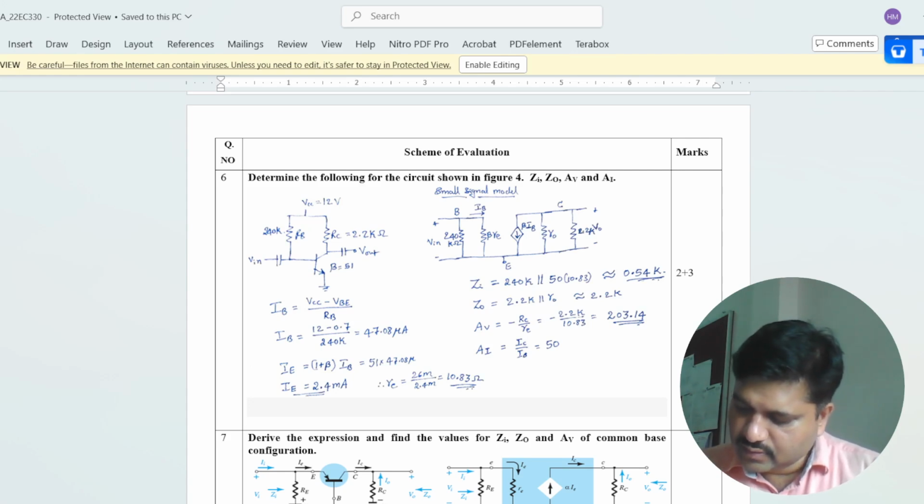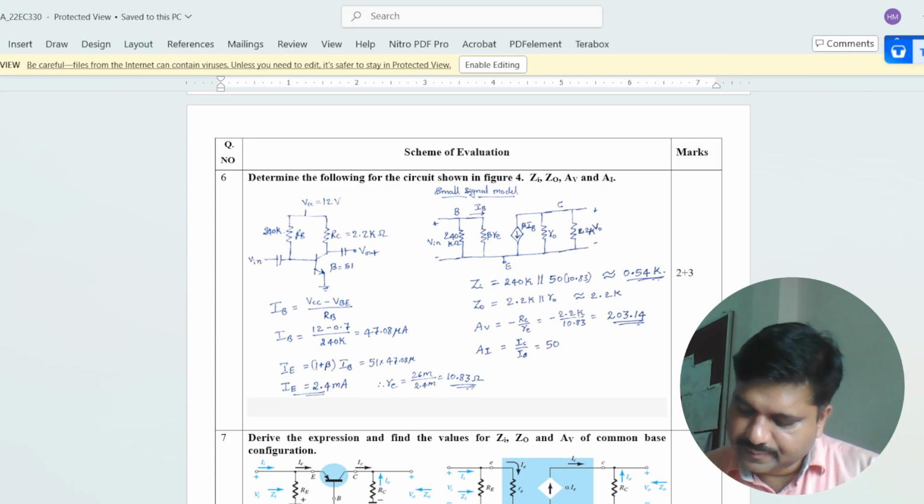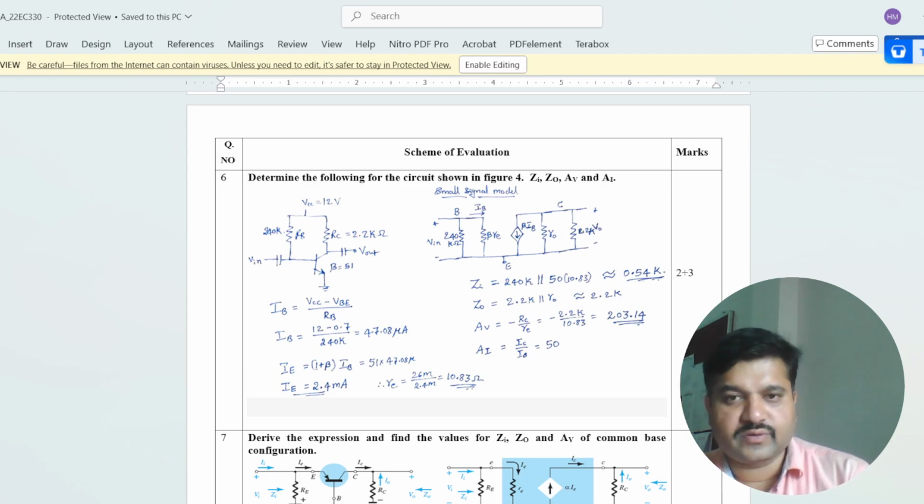This is around 5.2 volts. 12 minus 5.2, you will get 6.8 volts. VCEQ will be around 6.8 volts.